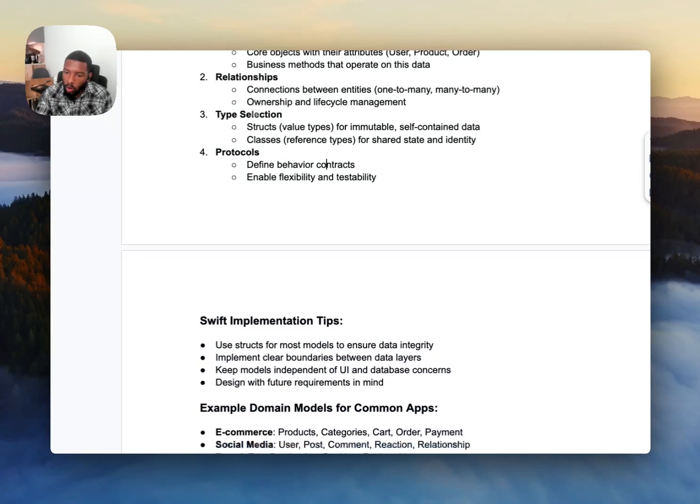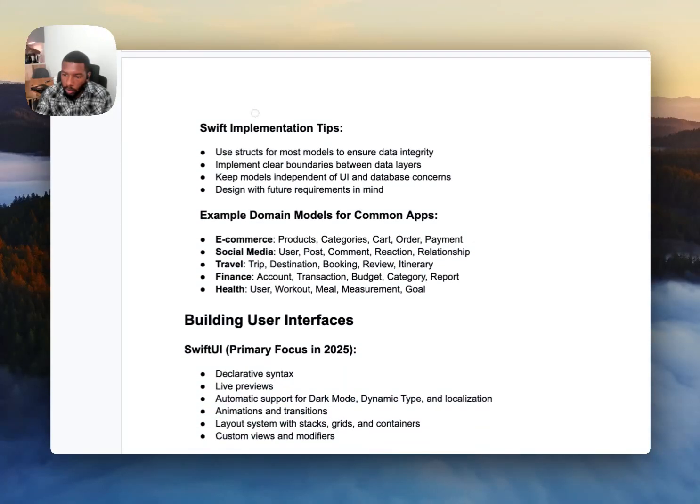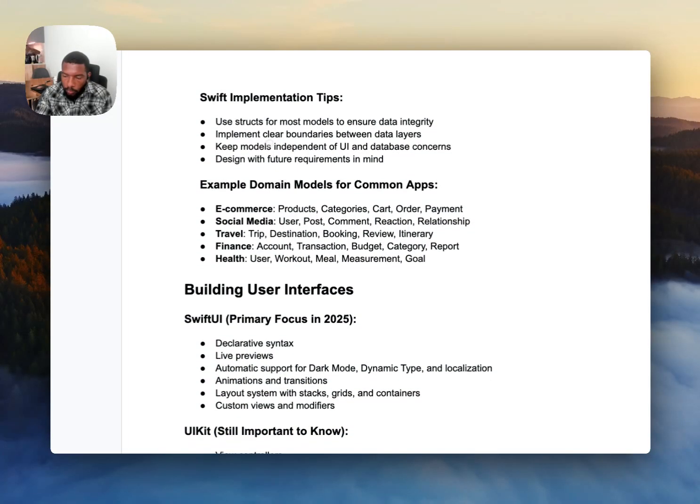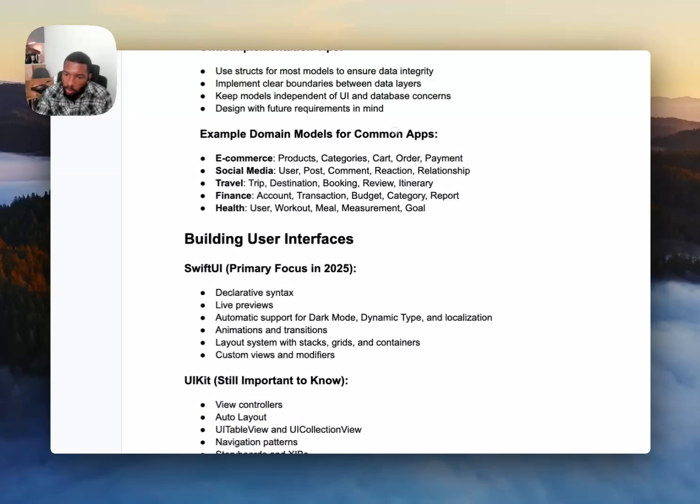Okay, so I'm going to show some examples here of domain models for popular and common apps. So for e-commerce, you'll typically see the following domain models: products, categories, cart, order, payment.